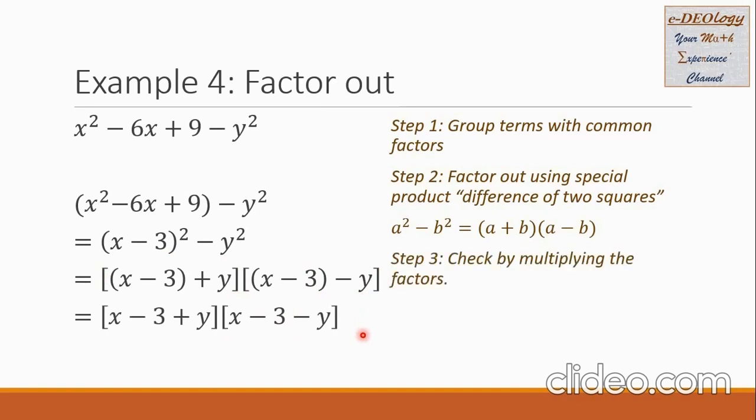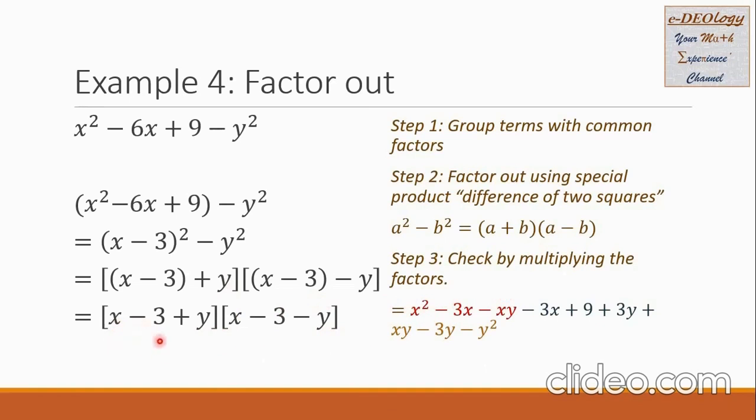So step 3, we're going to check by multiplying the factors if these are correct. So if I'm going to take one term each from this group and multiply it to the other group, this will be the product. So x times x will be x squared, x times negative 3 is negative 3x, x times negative y is negative xy.